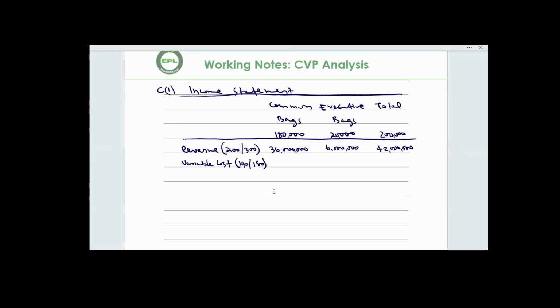Therefore, 180,000 multiplied by 140 equals 25,200,000. Minus 36 million, that's 10,800,000. This represents the contribution.